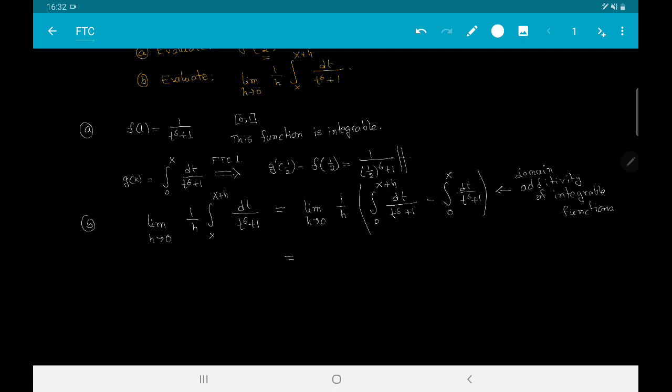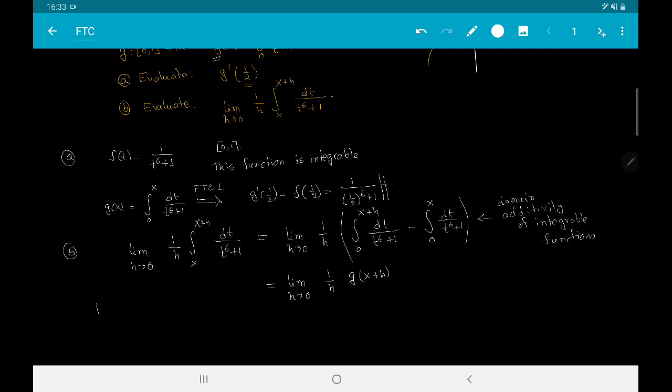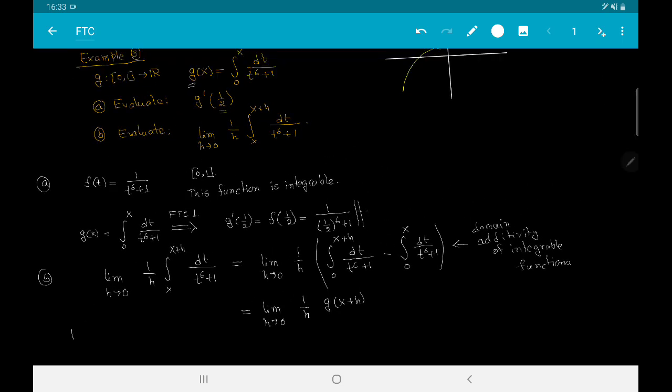And how do we now compute it? So this is exactly limit h tending to 0, 1 by h times g of x plus h minus g of x. Remember, g was given by exactly this form.